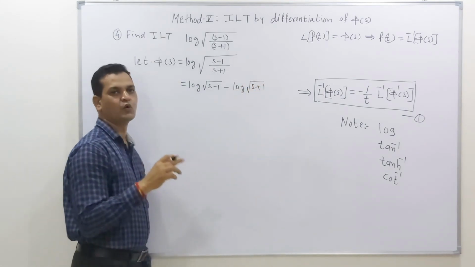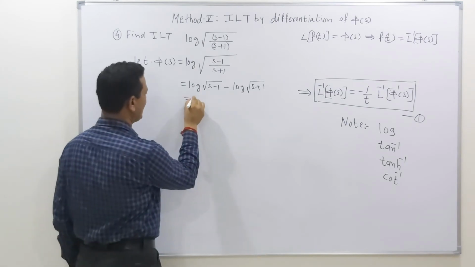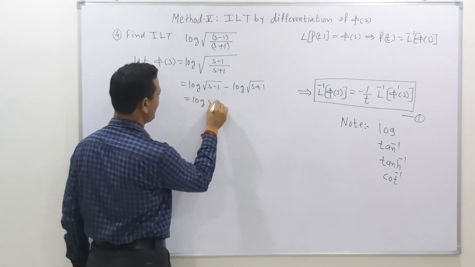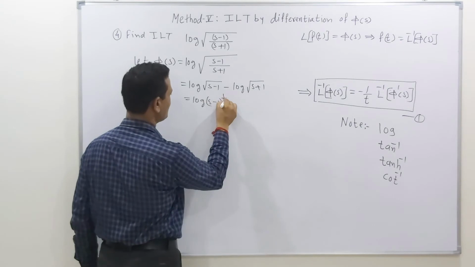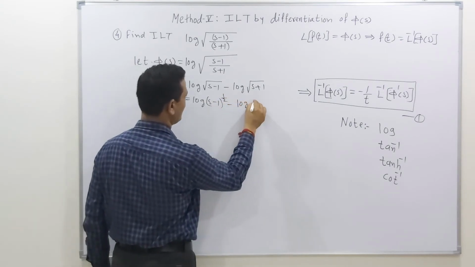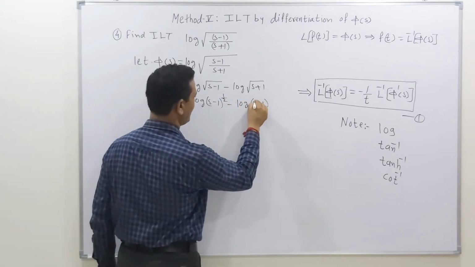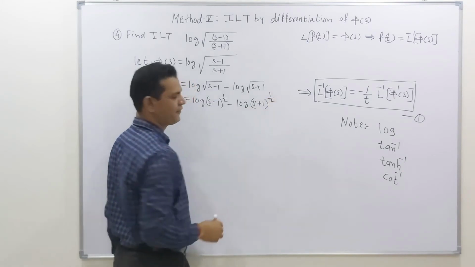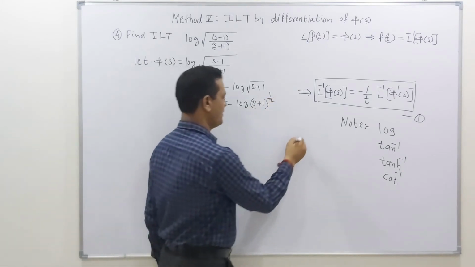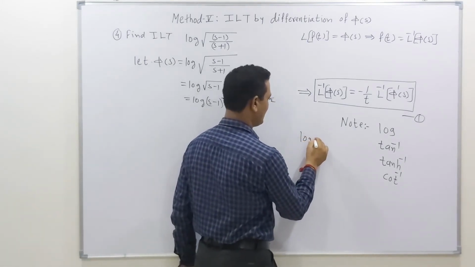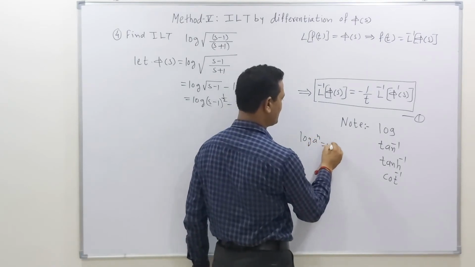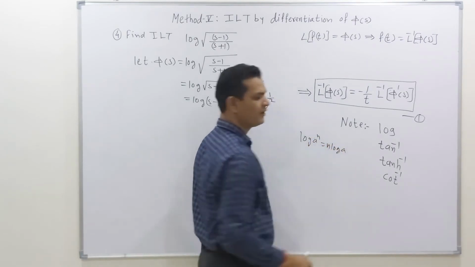So then we know that root means 1/2. Moreover, we can write this as log of s minus 1 raised to 1/2 minus log of s plus 1 raised to 1/2. Then according to the log property, log of a raised to n is equal to n into log of a.